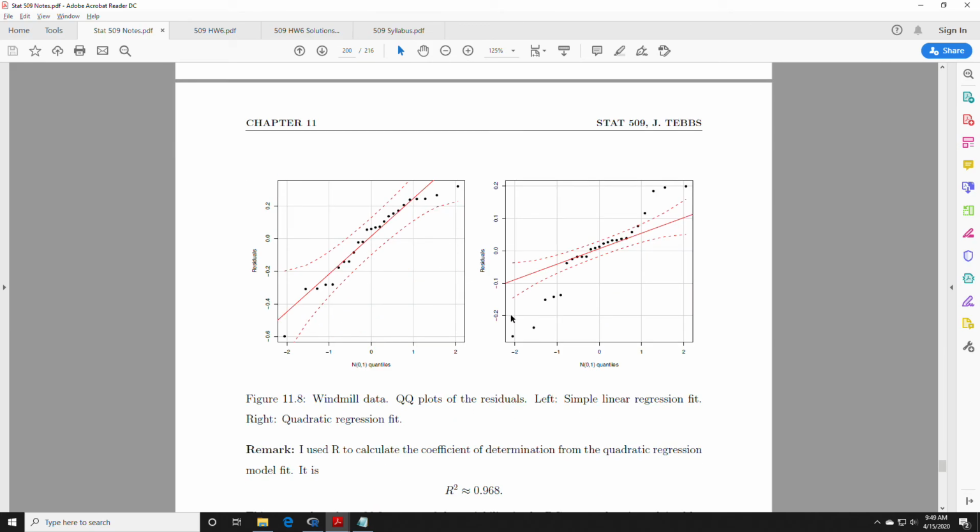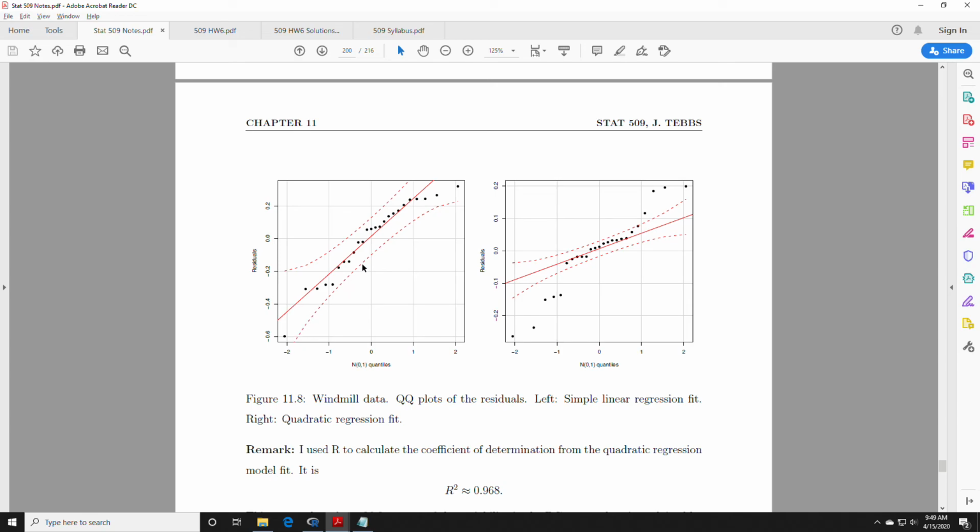One thing that this is actually pointing out is, unfortunately, sometimes when you correct one violation of the assumptions, you can actually make another assumption worse. For example, for this data set, this was the QQ plot, the normality plot for the residuals for the simple linear regression.